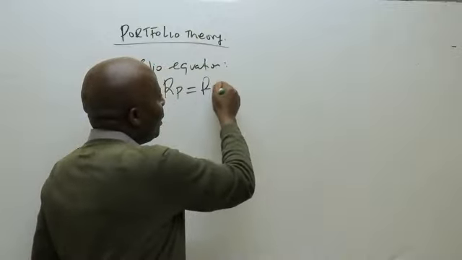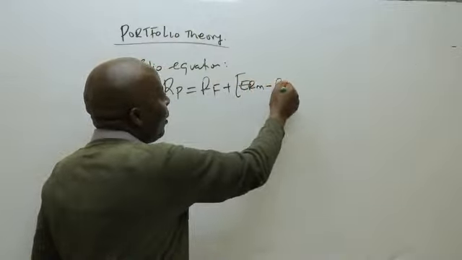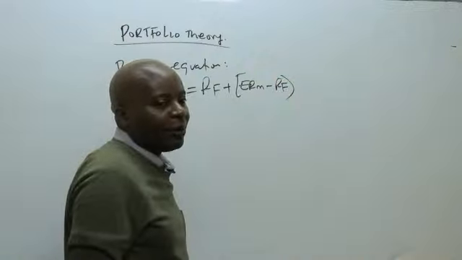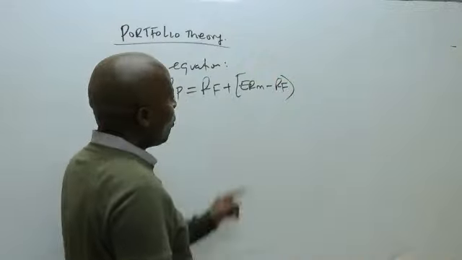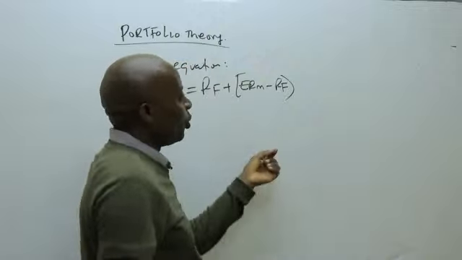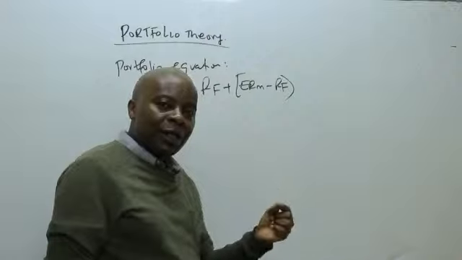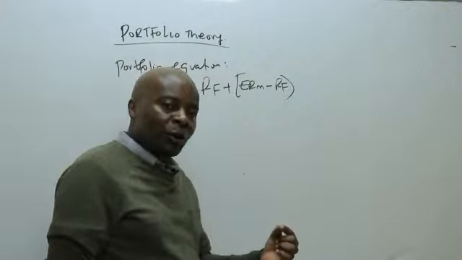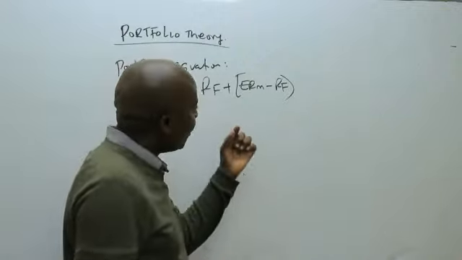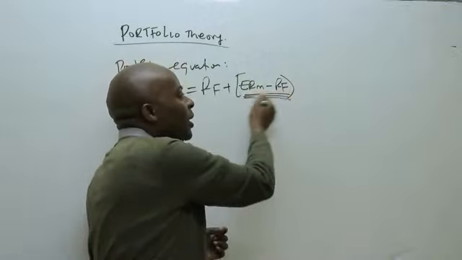So we have here risk-free plus, in brackets, ERM minus RF. And then of course, when you go for market portfolios, ladies and gentlemen, as opposed to treasury bills, as opposed to government bonds, these are risky returns.